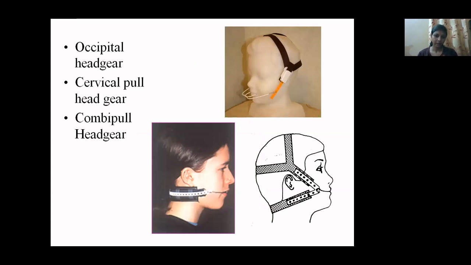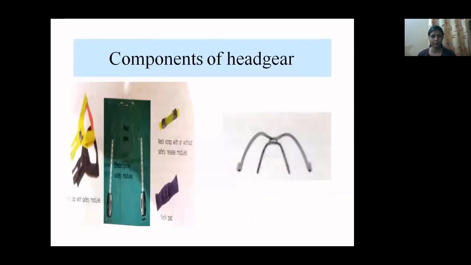If there is more growth of the maxilla, we have to restrict and control the growth of the maxillary base, and that can be done with orthopedic appliances known as headgear. Depending on the line of force of action, there are occipital headgear, cervical pull headgear and combi pull headgear, defined by the direction of force and the anchorage we are taking, in these 3 types.